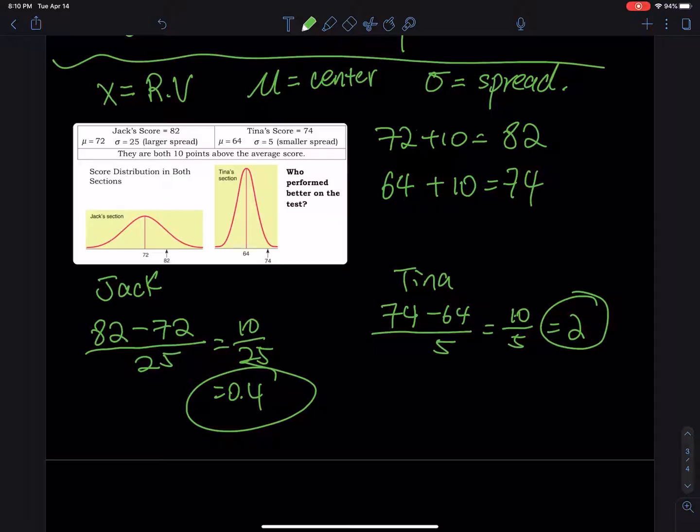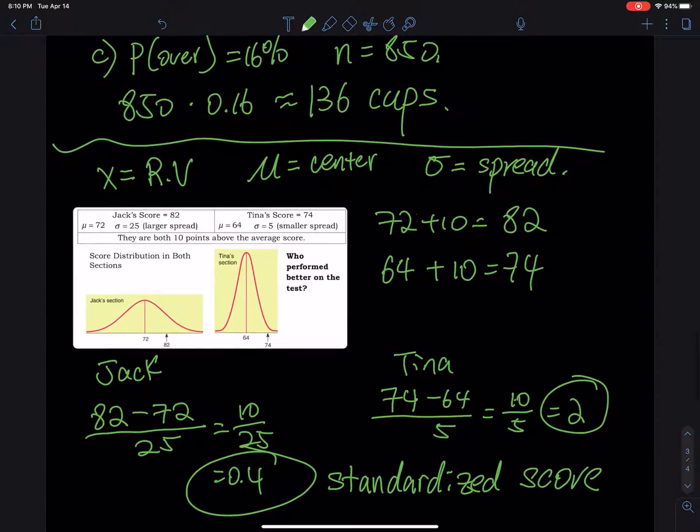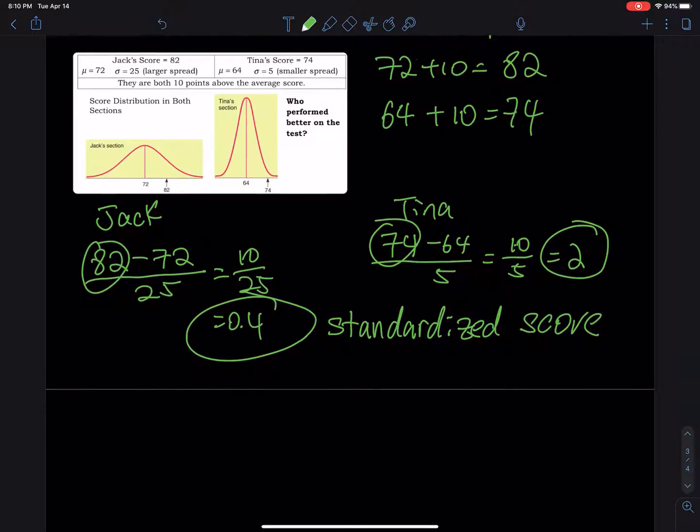Okay, here is how we explain the 2 and the 0.4. First, they have a name. We call them the standardized score. Standardized score is not a raw score. The 74 and the 82, they are raw scores. Standardized score means you have to subtract the mean and then divide it by the sigma.